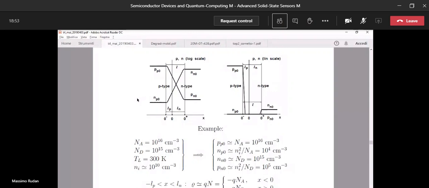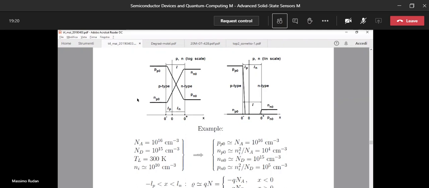So let's try to fix the numbers, okay? We take, as before, a constant concentration of acceptors in the P zone equal to 10 to the 16th atoms per cubic centimeter. And on the other side, we take ND equal to 10 to the 15th atoms per cubic centimeter.